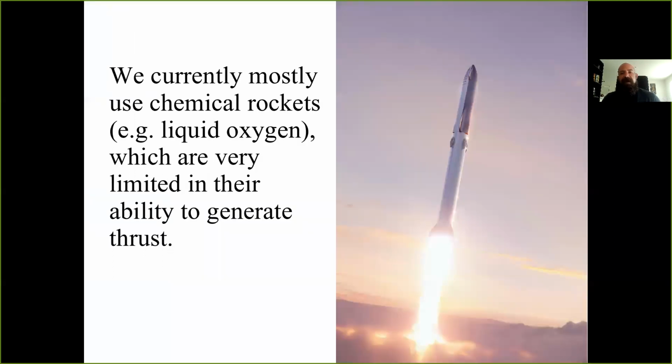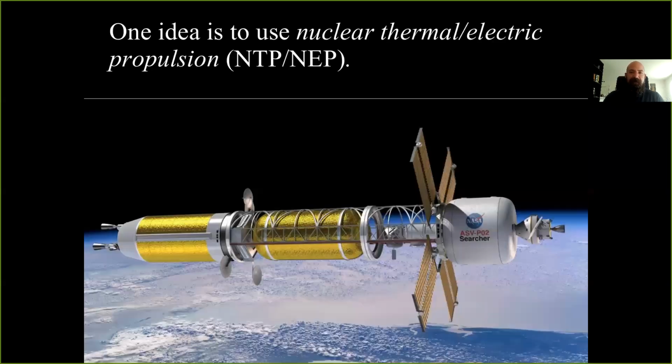Now, the rockets that we currently use are chemical rockets, liquid hydrogen, liquid oxygen, various kinds of highly combustible rocket fuels. And these have strong limitations on the amount of thrust they're able to generate and on their specific impulse. So one idea that's been floated out there is to use something called nuclear thermal or nuclear electric propulsion, or NTP.